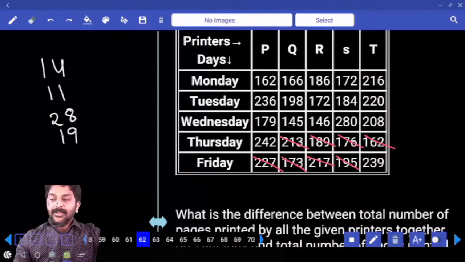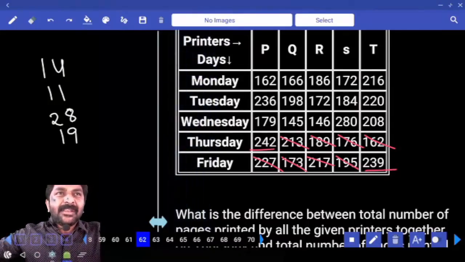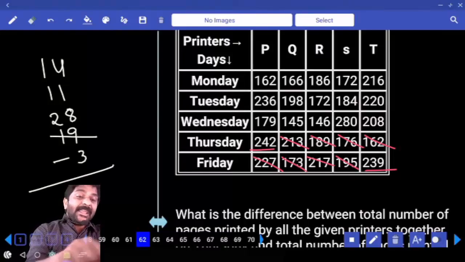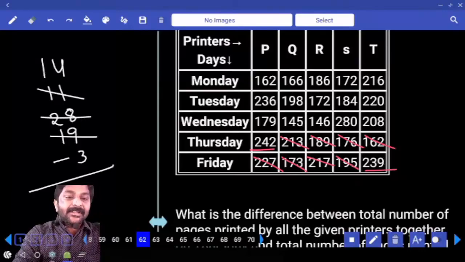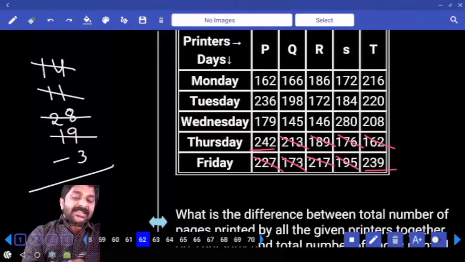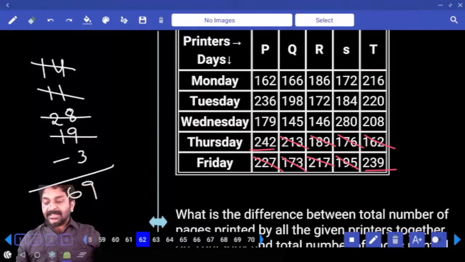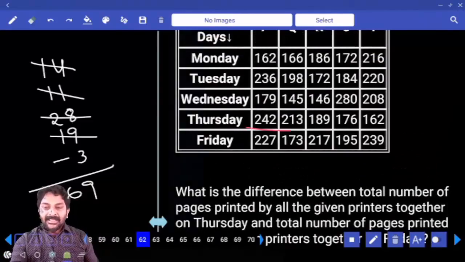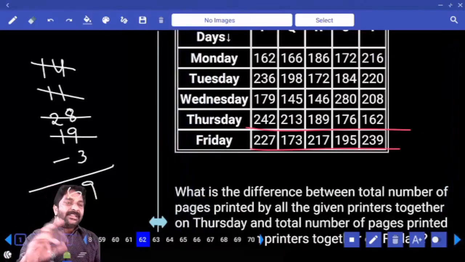Come on. 239 minus 242. Is that going to be a positive number or negative number? How much negative? Minus 3. Come on. Let's add positive numbers. 19 plus 11. 30 plus 28. 58 plus 14. 72. Minus 3. 69. First option. Instead of adding all these numbers, I am just going with individual difference.